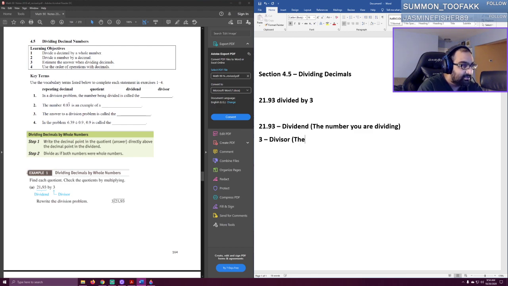Again, the number you are dividing by. Now, as we can see here, it always goes like this. Again, we always put the divisor, remember the divisor here goes on the outside, and the dividend goes on the inside.